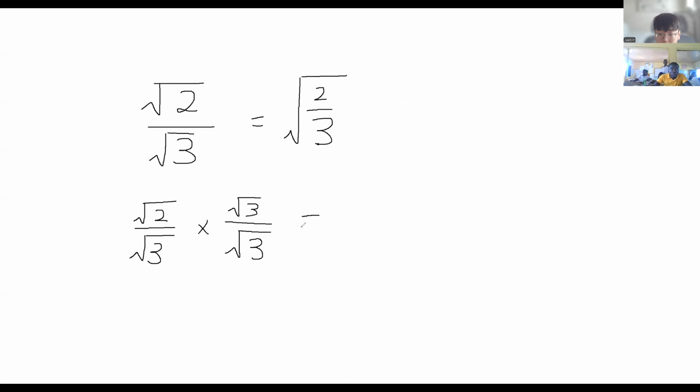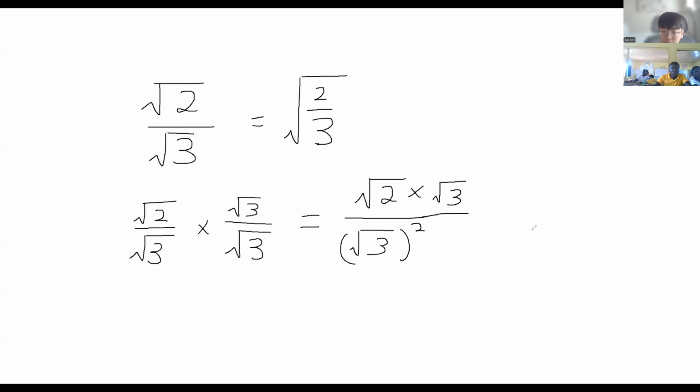So what does this become? The denominator becomes square root of 3 squared, and the numerator becomes square root of 2 times square root of 3. What does this equal?